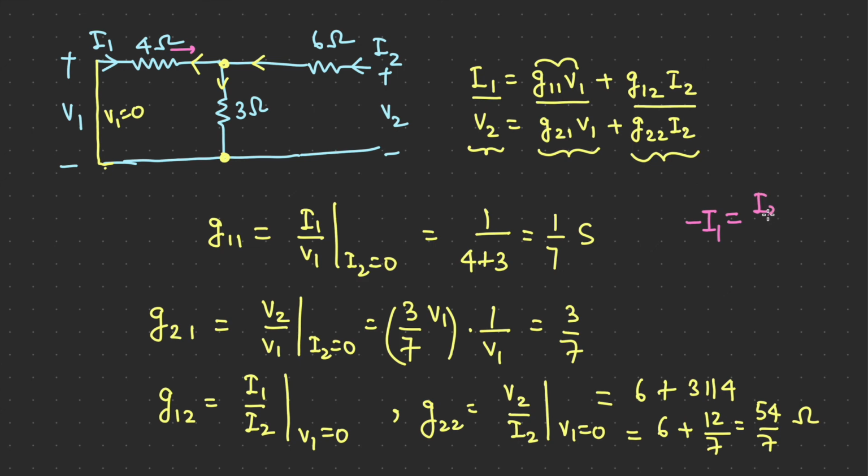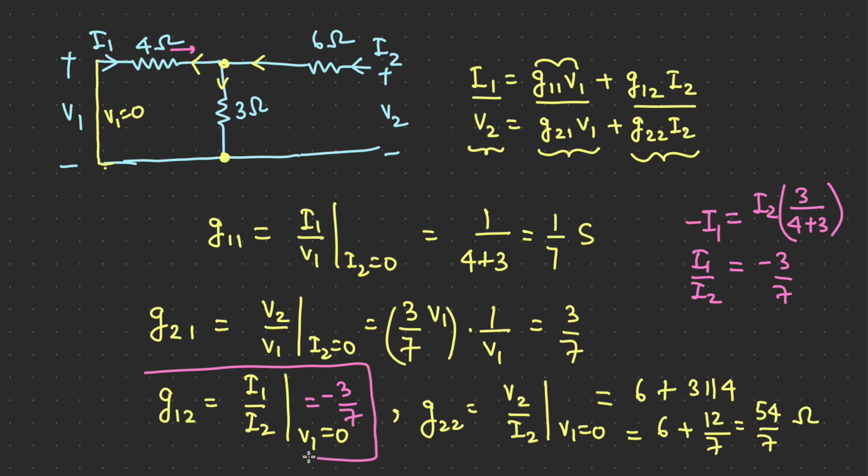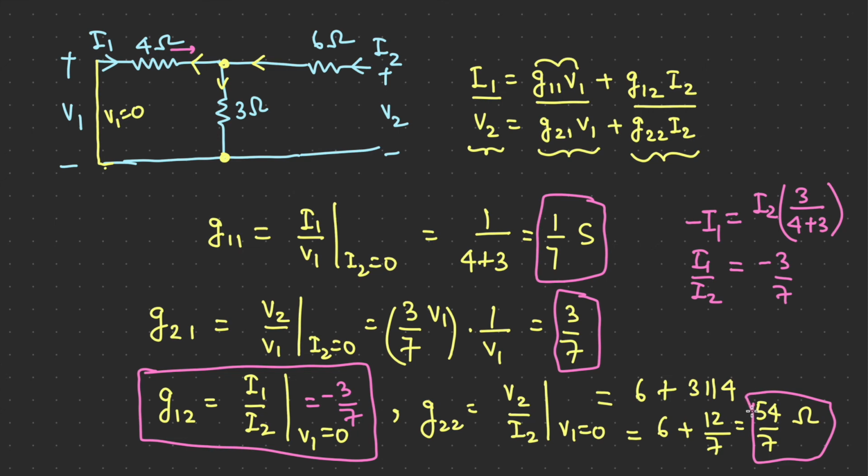In the 4 ohm resistor we can find it by taking the other resistance 3 ohm divided by the summation of that, that is the current division. So from here we can find the I1 by I2 ratio as minus 3 by 7. So this will become G12 equal to minus 3 by 7. So this is how we have calculated G12, which is minus 3 by 7, G21 3 by 7, G11 1 by 7, and G22 as 54 by 7.